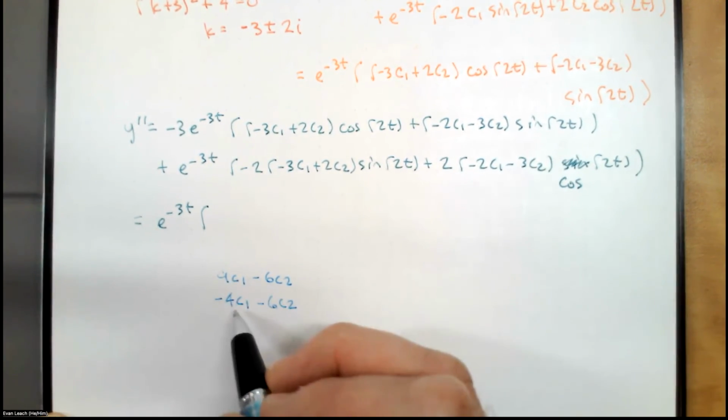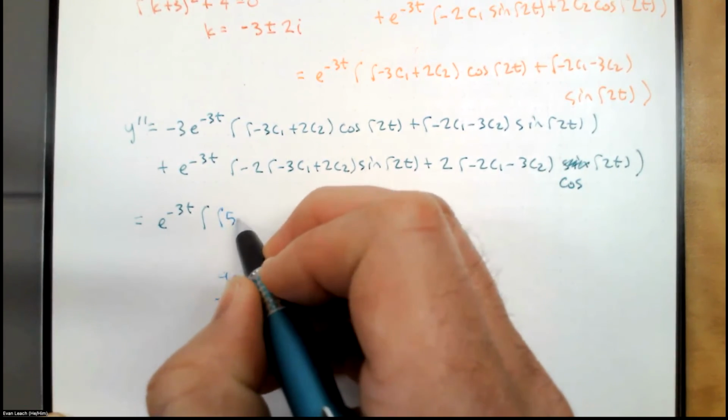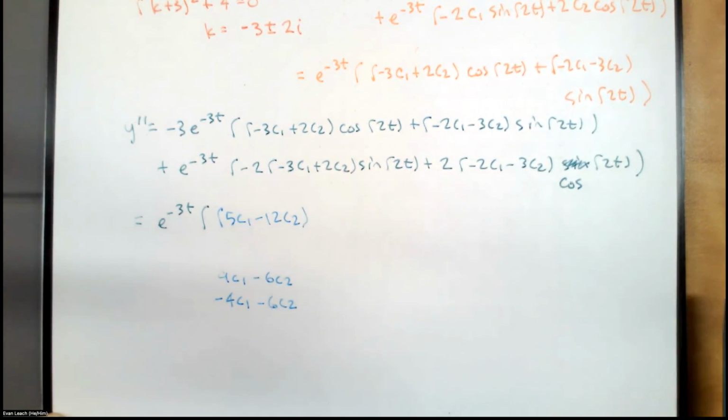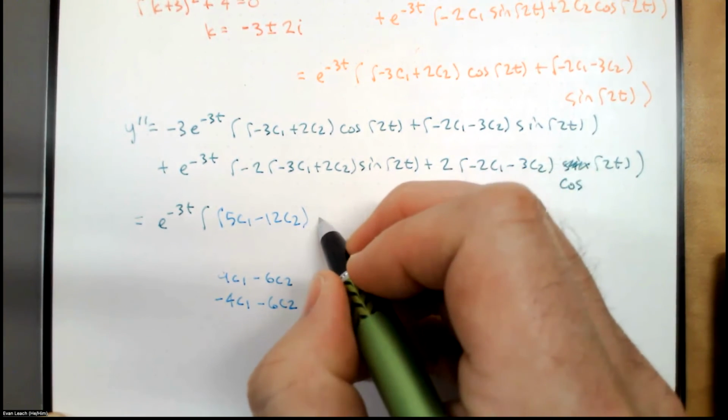So in total, I have 5c1 minus 12c2 times the cosine of 2t.